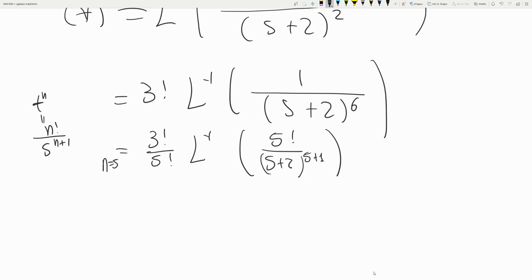So t to the n is equal to the Laplace inverse of this. So we get t to the 5. But there's also a shift.